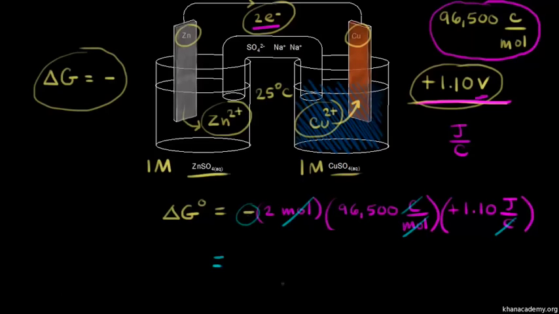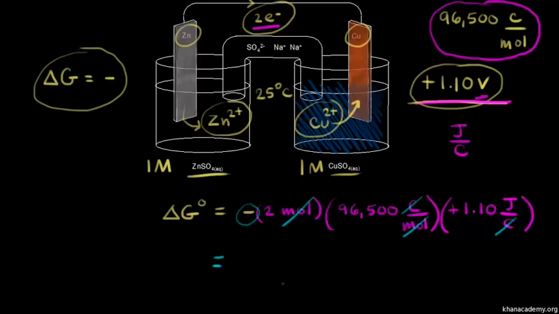So that would give us 212,300 joules. So remember, this was in joules, and let's go ahead and convert that to kilojoules. So 212,000 joules would be 212 kilojoules.